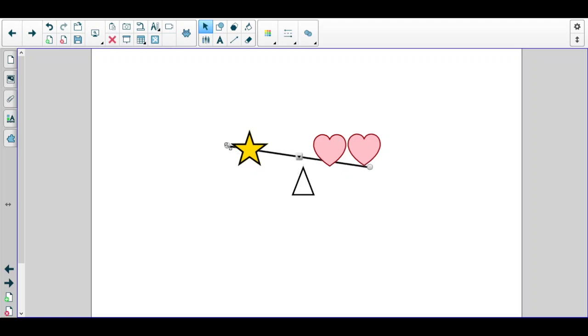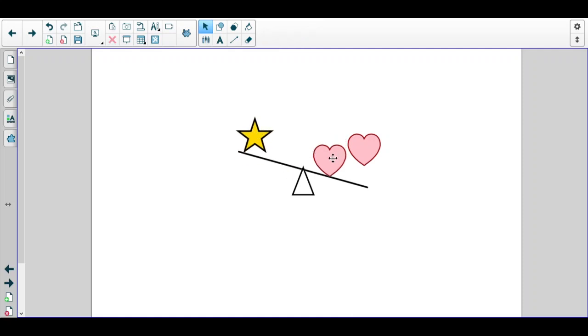But let's say we get a situation like this, where we have 3 hearts. It's out of balance again. You'll see some examples with a pan balance, and that's what it's called. Just think of it like a teeter-totter. So let's go back to the original example here.